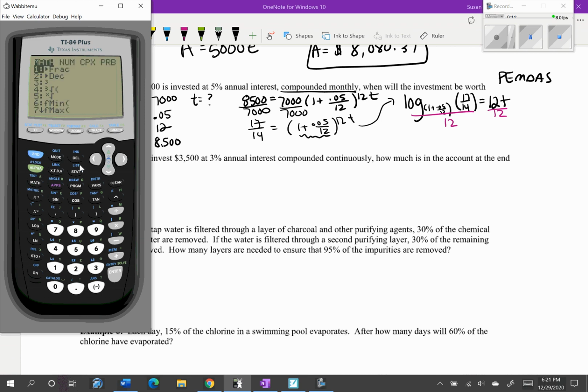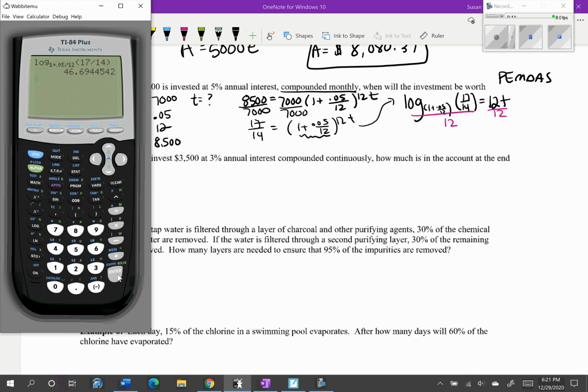So if you go to math and scroll all the way down, you have that log base button. So if we plug that equation in, we have log base 1 plus 0.05 divided by 12 of 17 divided by 14, and enter.